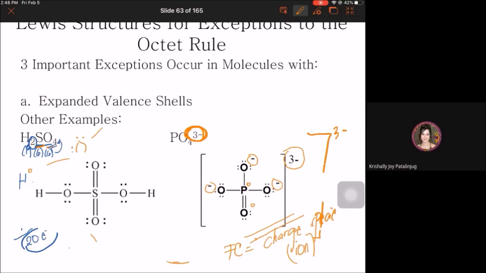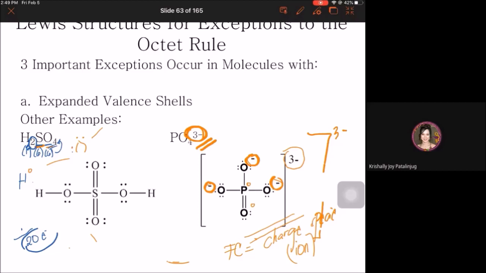So three negatives equal negative 3, which is equivalent to the charge of the given species. So that is the most stable Lewis structure for the polyatomic ion phosphate.